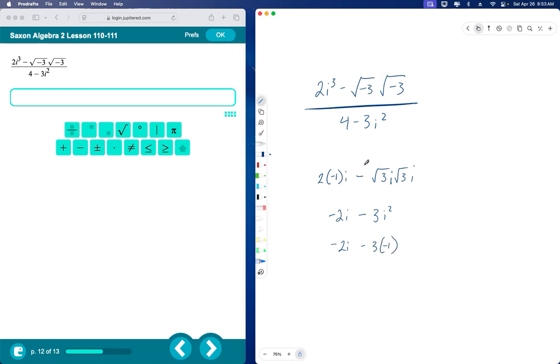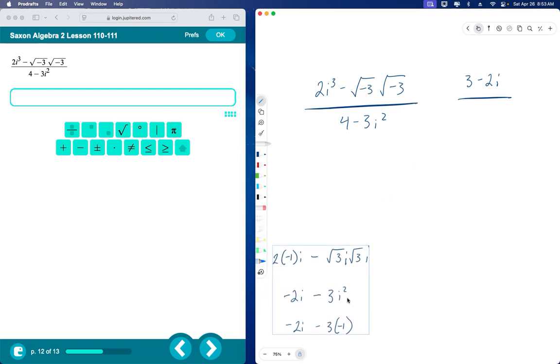So -2i minus 3 times a -1 gives me a positive 3. So what all of this does for me is it gives me 3 minus 2i in the numerator. All of this resolved to 3 minus 2i. That's my numerator. Now I'm going to do my denominator. I'm just going to move all of this over here.